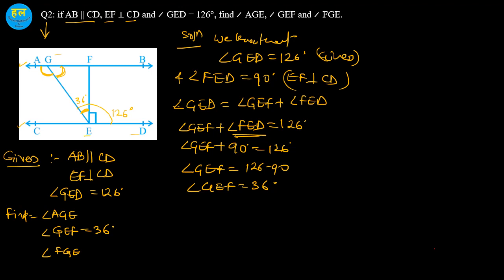For finding AGE and FGE, we know that GE is a transversal to lines AB and CD.